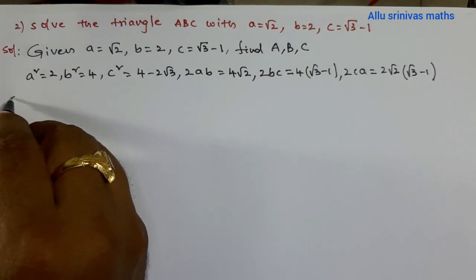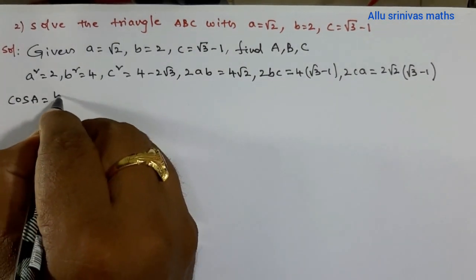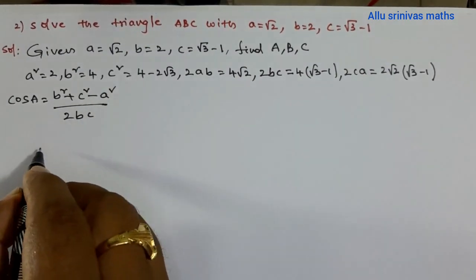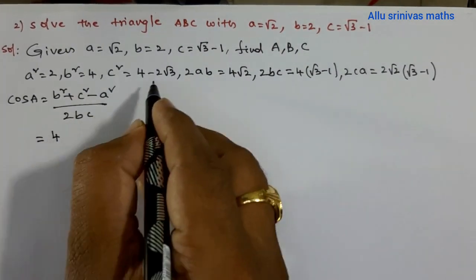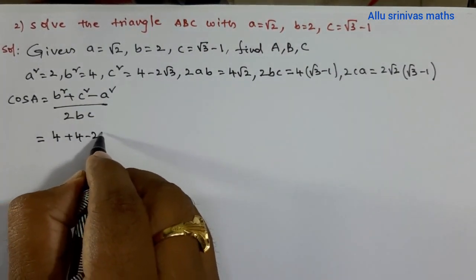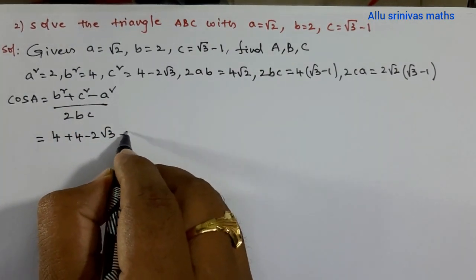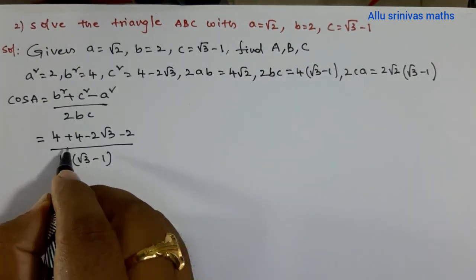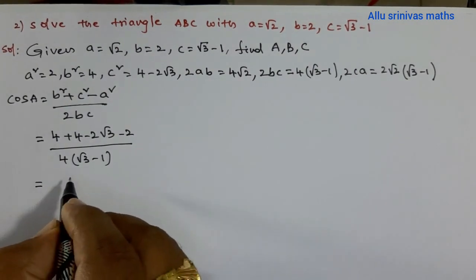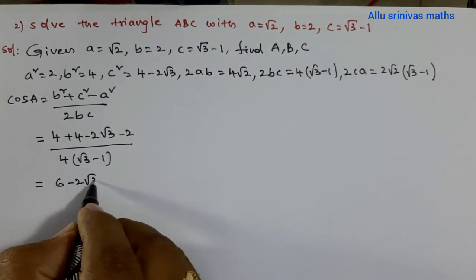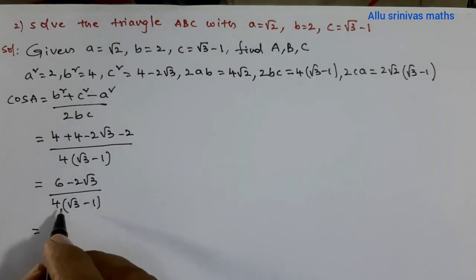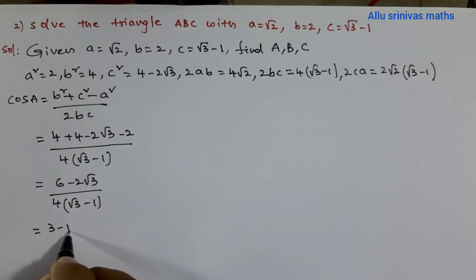Cos A is b square plus c square minus a square by 2bc. b square is 4, c square is 4 minus 2 root 3, a square is minus 2. 2bc is 4 of root 3 minus 1. 4 plus 4 is 8, minus 2 is 6 minus 2 root 3, by 4 of root 3 minus 1. In numerator and denominator 2 cancelled: 3 minus root 3 by 2 of root 3 minus 1.